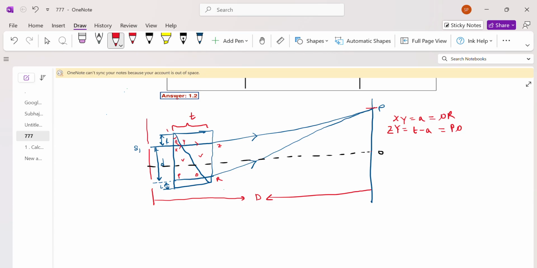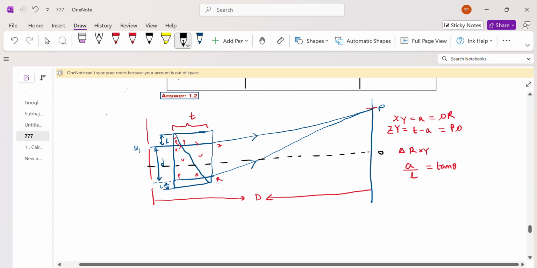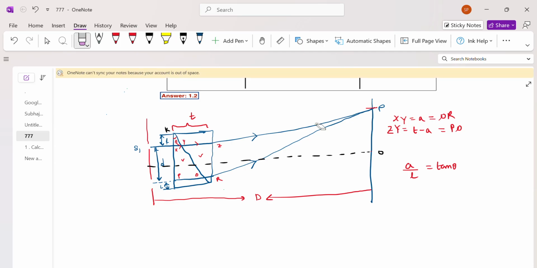Let's assume that this point is K. From the triangle KXY, we get A by L is equal to tan theta, and that is exactly equal to the tan of this bigger angle. There is no doubt about it.